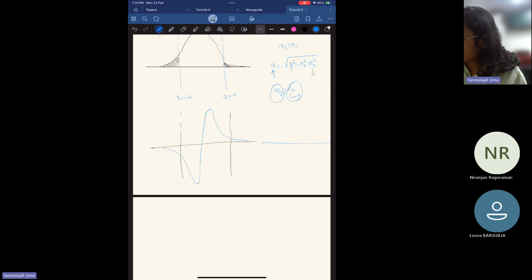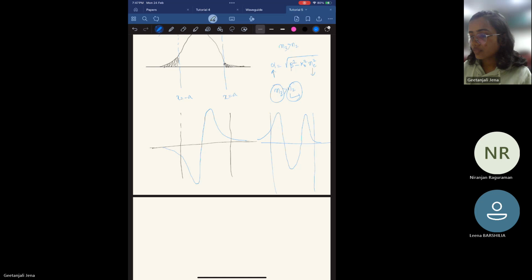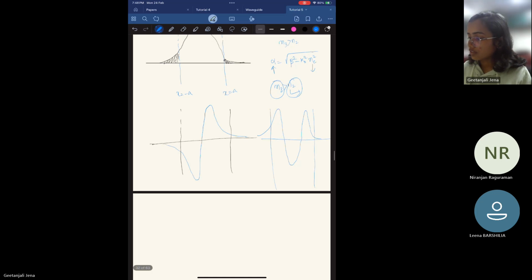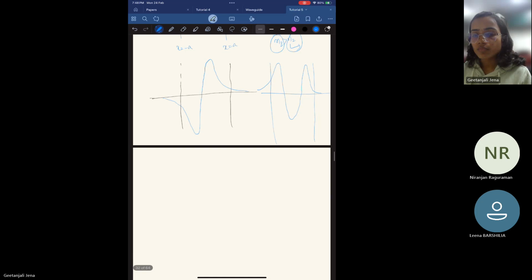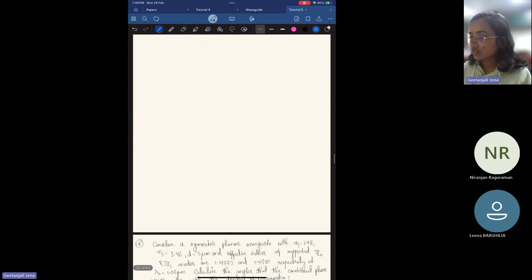Similarly, for the third mode, it will be higher in this region, then it will be lower. Okay. So is this clear to you?